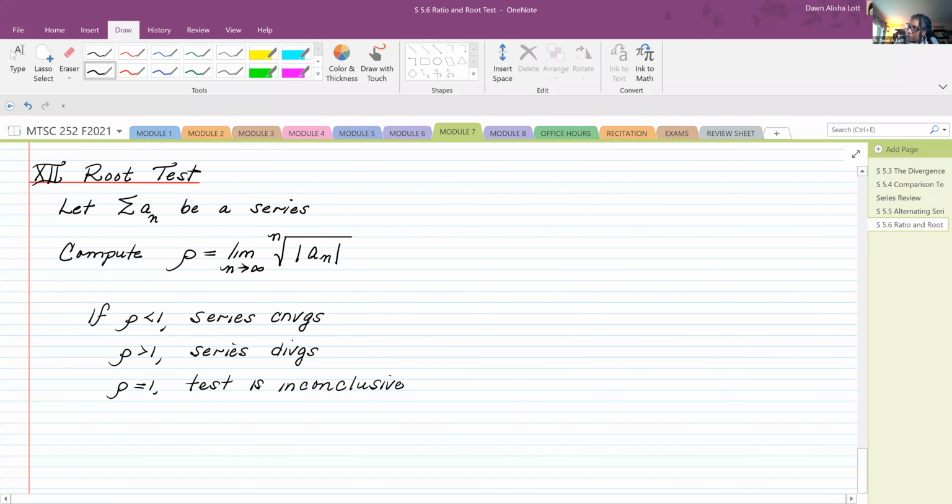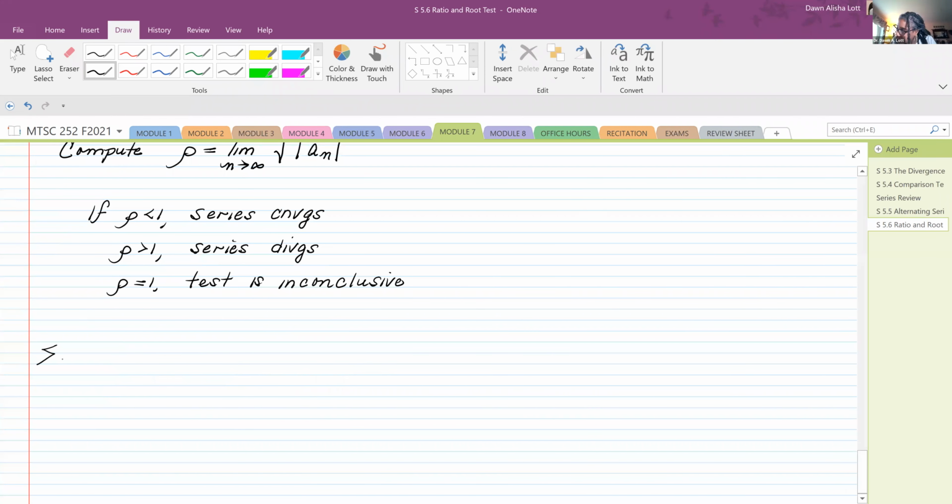So, example. The sum from n equals 1 to infinity of (1 over 2n plus 1) to the nth power. That's why I said this one is specifically suited for the root test.